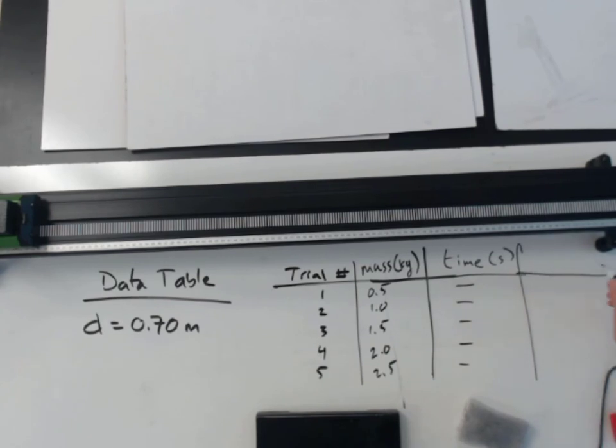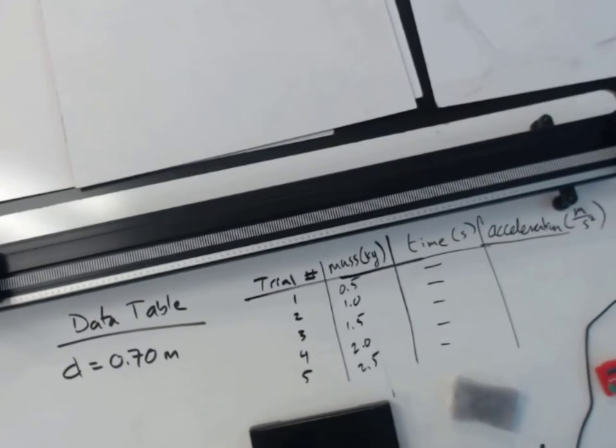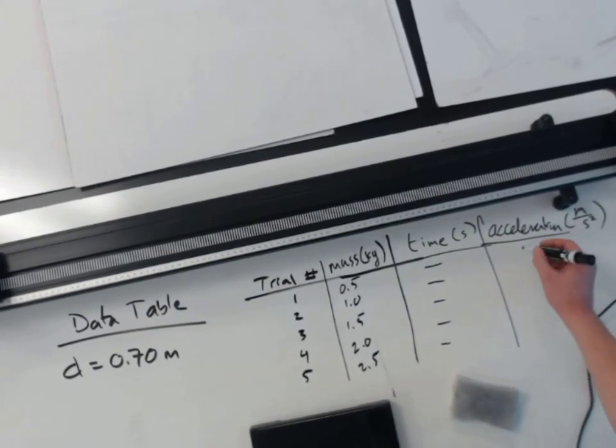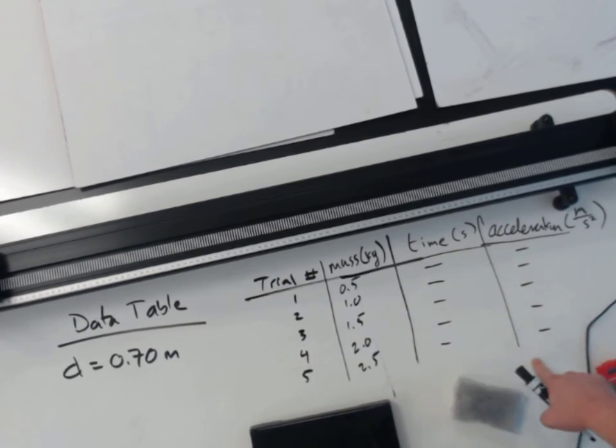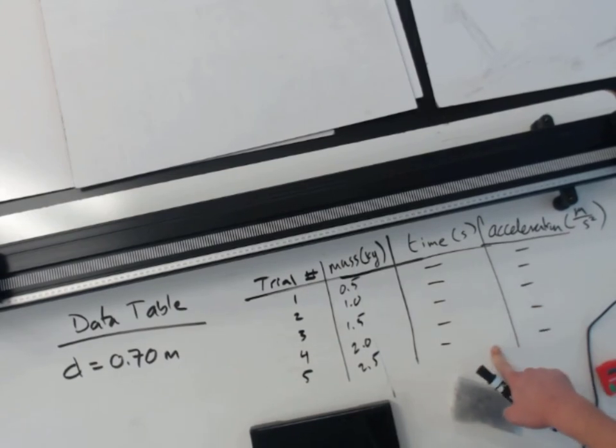And you should also go in here and then calculate the acceleration, which we showed how to do. That would be in meters per second squared. How quickly is this thing speeding up? So we should have an acceleration that goes with each of these corresponding values. So on all my dashes here, you should have times that you recorded and accelerations that you calculated.